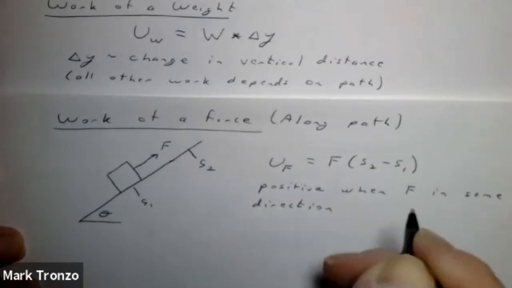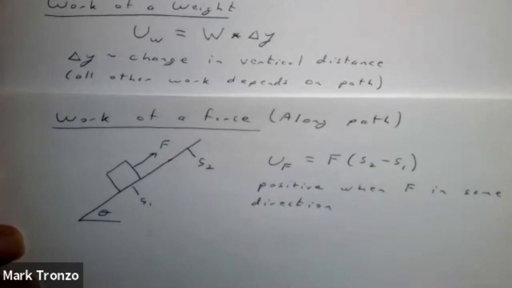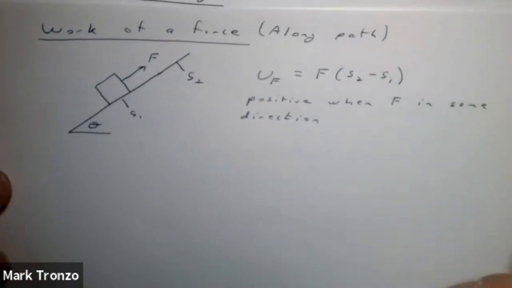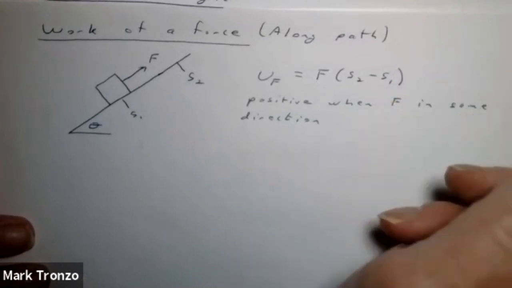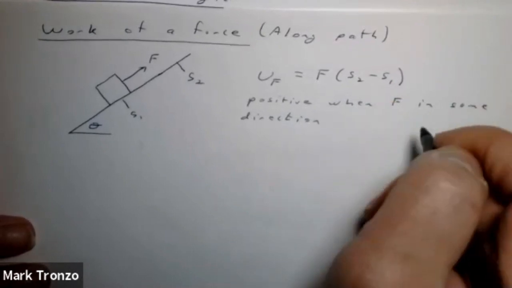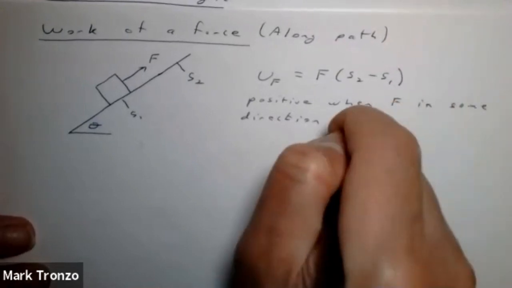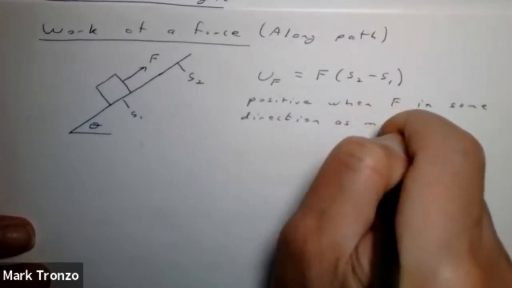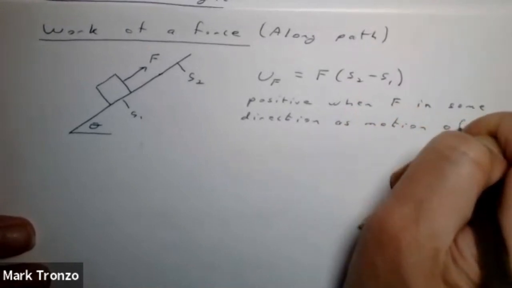Now there are other ways to set up positive and negative. This is probably the way that we can least go wrong. It's positive when F is in the same direction as the motion of the particle or block or whatever it is.